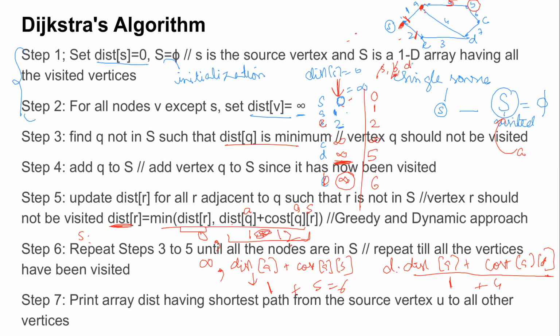Now again, you need to follow the same rule. What is left which is unvisited? The minimum of that you have to put in the visited set. The visited set already has S and A. Now what is the minimum of these? 0 and 1 are already visited, so you always have to choose the minimum among the unvisited ones. Which one would you choose now?